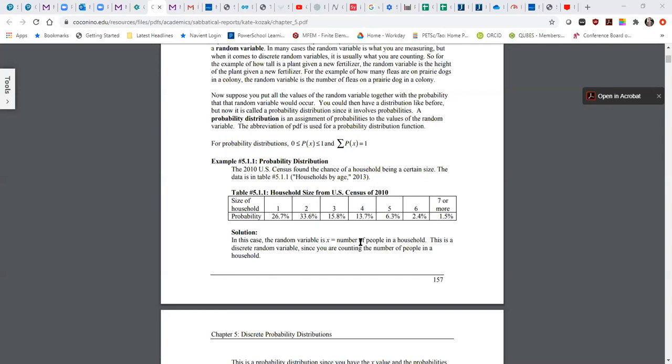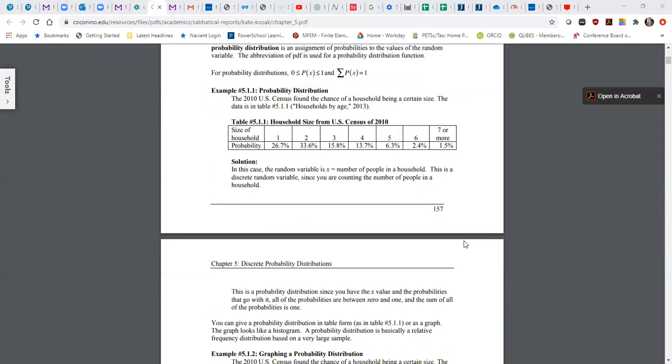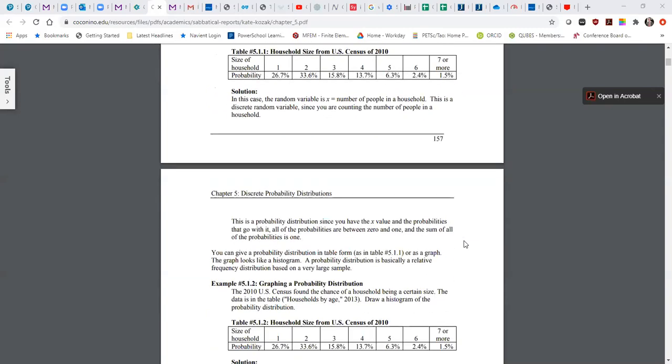So X here is the number of people in the household. This is a discrete random variable because you are counting the number of people in the household, right? And this is a probability distribution because you have the X values and the probabilities that go with them.